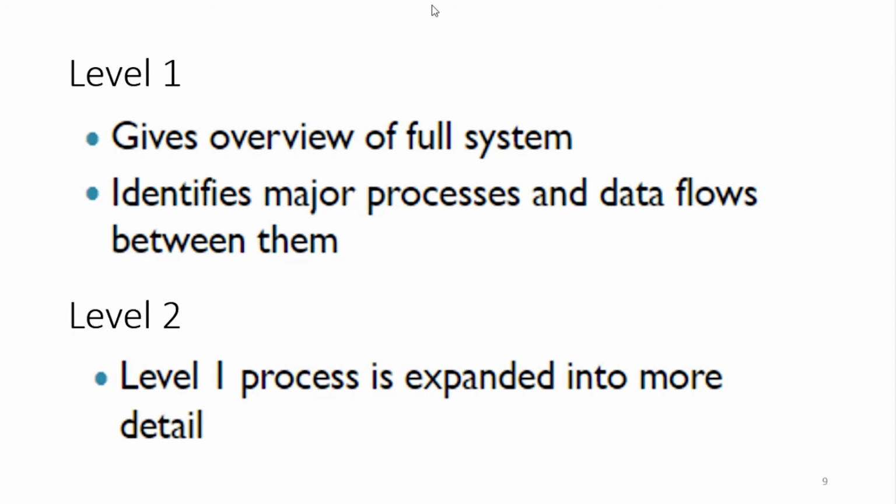When it is less than 3, we can split the function into a number of sub functions. We can decide the sub goals, and then we can have them as processes in our data flow diagram.